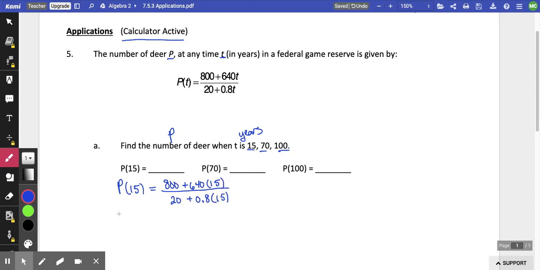And then I would do some punching buttons in my calculator. The first thing I would put in would be that top part, the 800 plus 640 times 15.